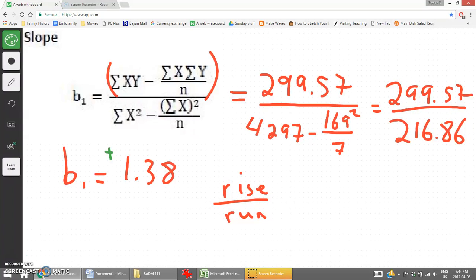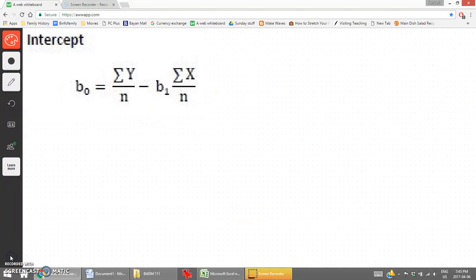So the next thing we need to calculate is our intercept. Our intercept formula, B0, is a little easier to understand than the other formulas. Basically two parts. It's asking for the total value of y divided by n minus the slope, which we've calculated, times the total of x divided by n.